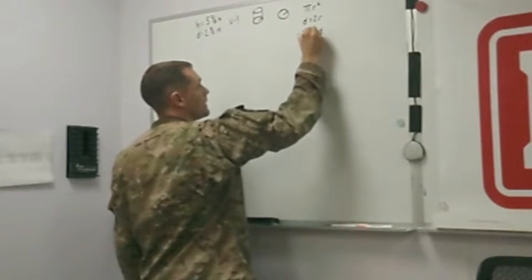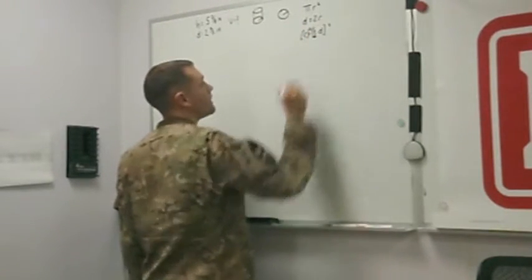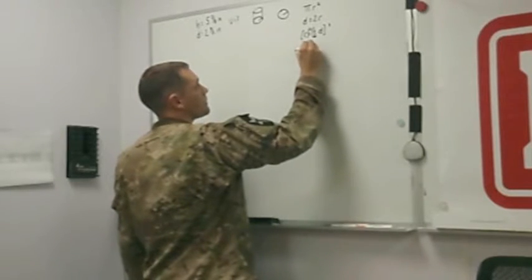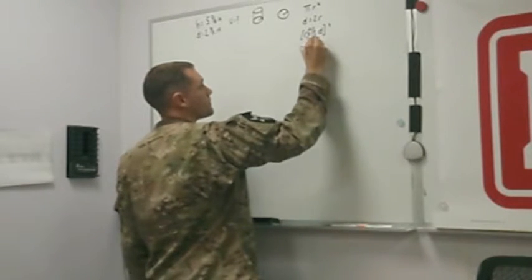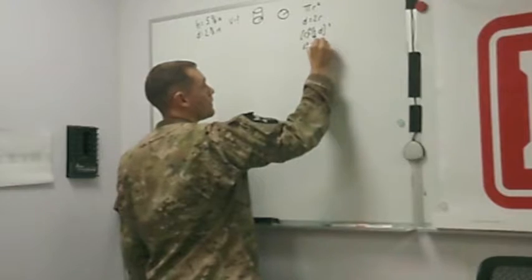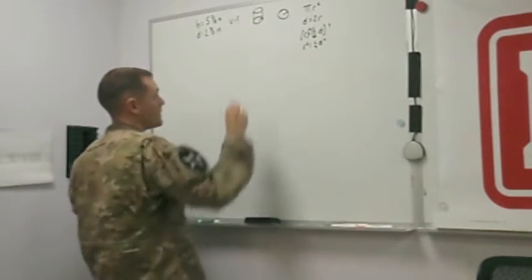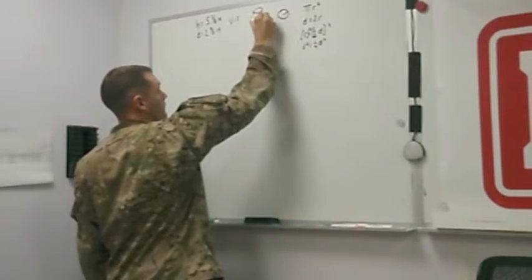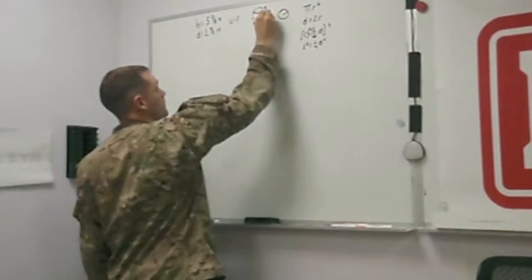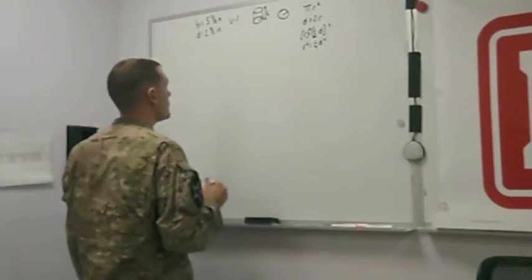So we get r squared. We square this side, we have to square this side. 1/2 squared is 1/4, d squared. So that's the area. Then we calculate the volume. We just multiply it by the height.